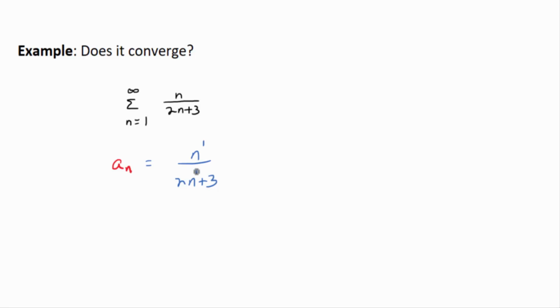It's the highest power, right? It's 1. So what does this guy converge to? 1 over 2, the ratio of the lead coefficients. If you didn't believe that, you could look at the related function f of x equals x over 2x plus 3. You get the indeterminate form infinity over infinity, and you can use L'Hopital's rule. That'd be one way to do it. Or just divide top and bottom by n, or multiply numerator and denominator by 1 over n, same thing. Okay, does this equal 0? Does 1/2 equal 0? Nope.